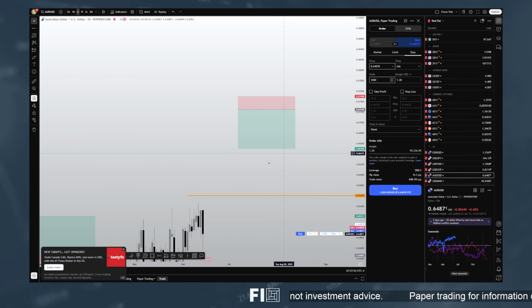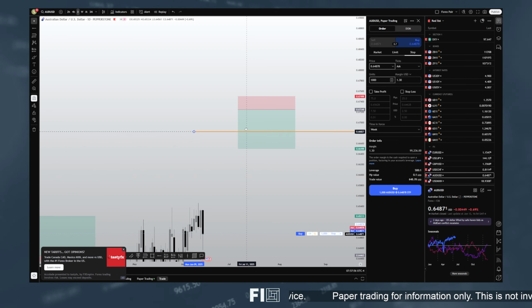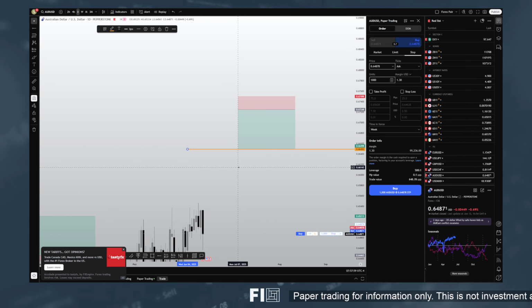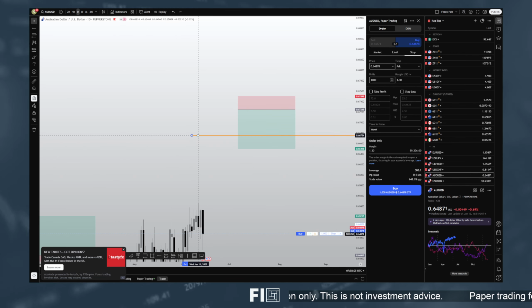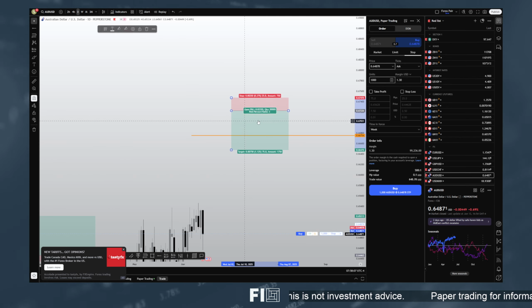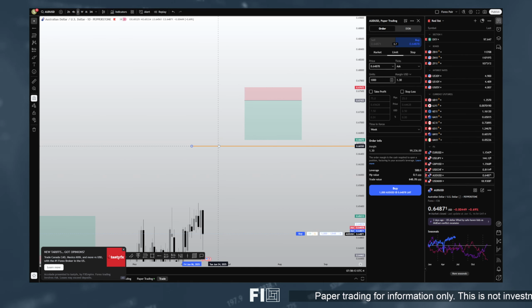Now, when price is ranging like this, this orange line will represent real-time price. Let's say it's meandering around, and let's set this, for example, as a limit sell. So price is down here, right?